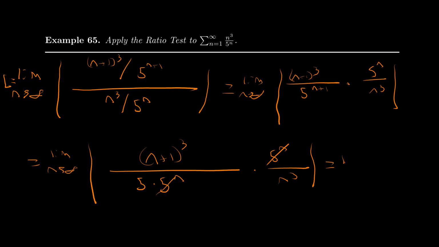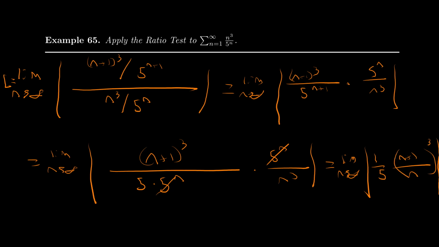So then this is going to be the limit as n goes to infinity of... Oh yeah, this is going to be 1/5, basically. 1/5 n plus 1 over n, all cubed.